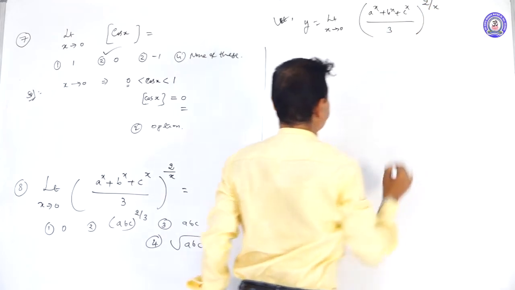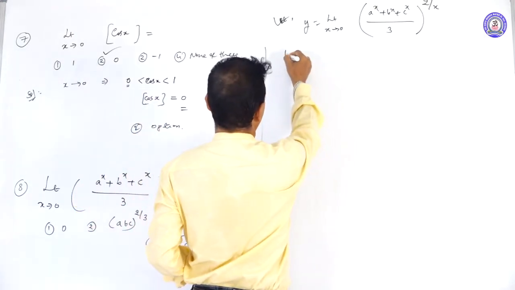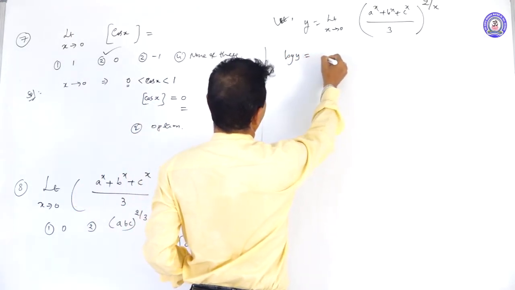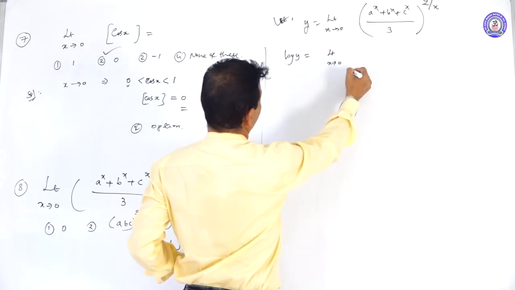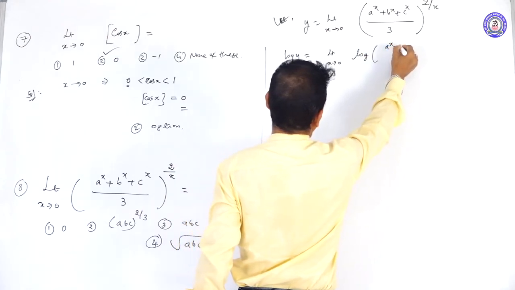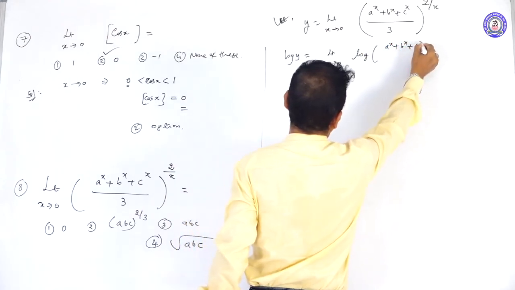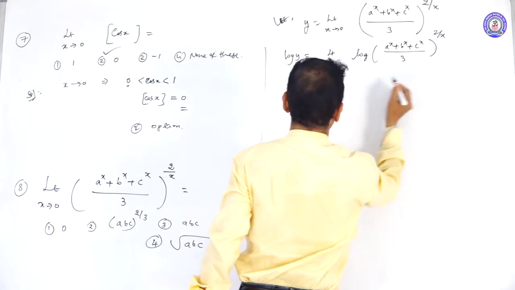Apply the logarithm on both sides: log y is equal to the limit as x tends to 0 of log of ((a^x + b^x + c^x)/3)^(2/x).